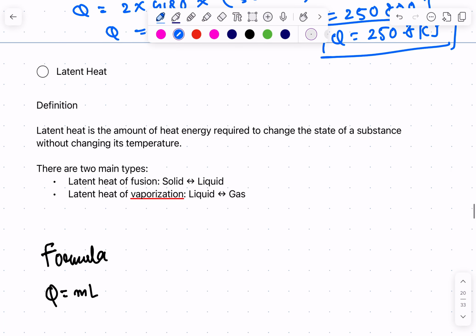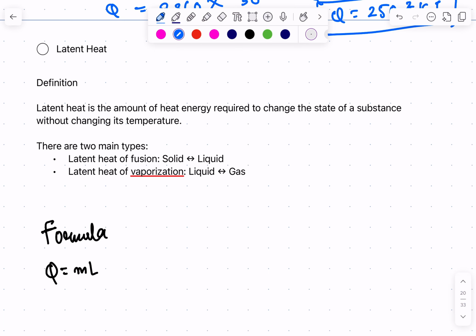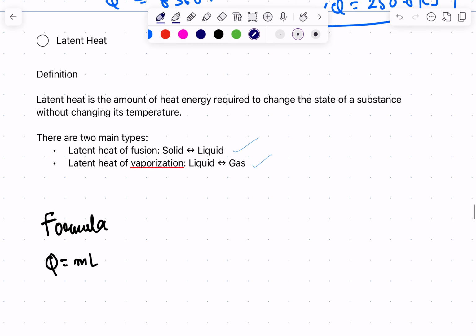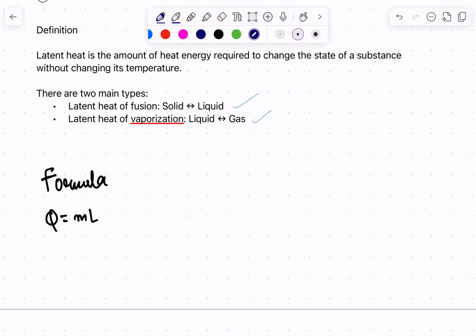Now we will move to latent heat. Latent heat is another important concept, and usually it is defined as the latent heat of fusion and latent heat of vaporization. Latent heat is the amount of heat energy required to change the state of a substance.